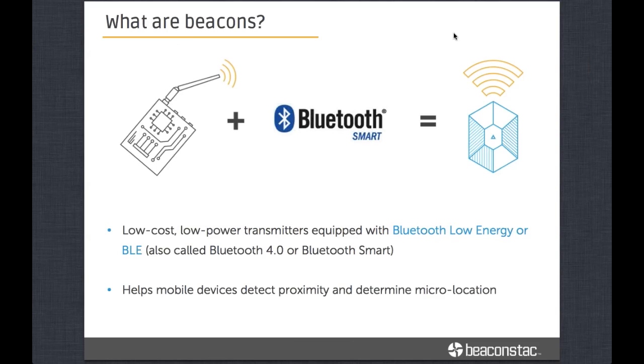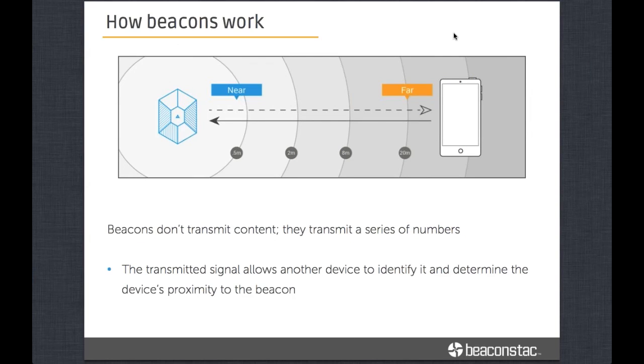The device is essentially detecting the signal, and this signal is used by the mobile device to calculate where it is with respect to the transmitter, whether it's 1 foot away or 2 feet away. So in some sense, beacons are used to determine microlocation or proximity to a known point. The beacon is transmitting the signal with a bunch of unique identifiers in it, and the smartphone or an app inside the smartphone decodes that information, uses it to identify the beacon, and also uses what is known as the RSSI, the signal strength, to determine how far it is.